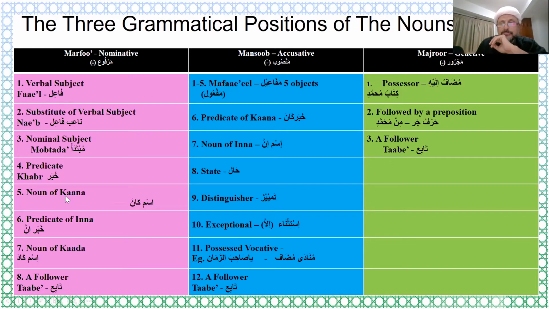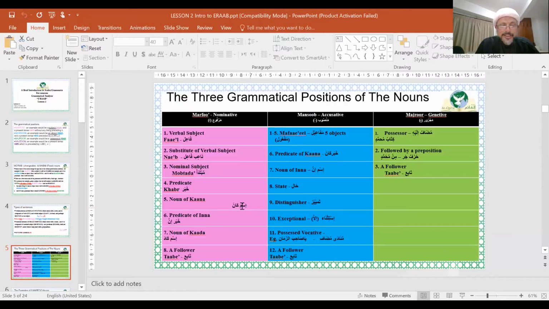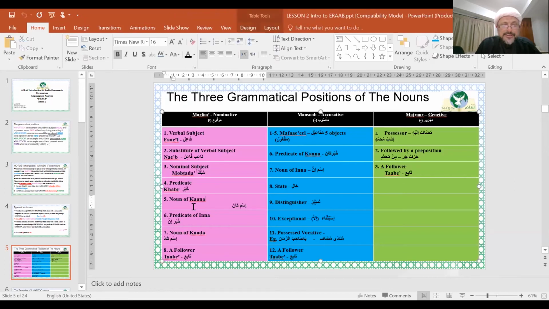I'm going to just mention here sisters, so you know our example. So let me just write here, sisters, for the sake of Allah subhanahu wa ta'ala, to make your lives easy. So here, Kana or its sisters, and then we have Inna or its sisters.